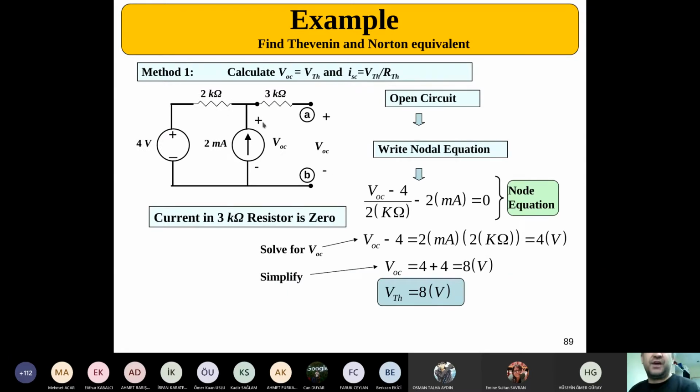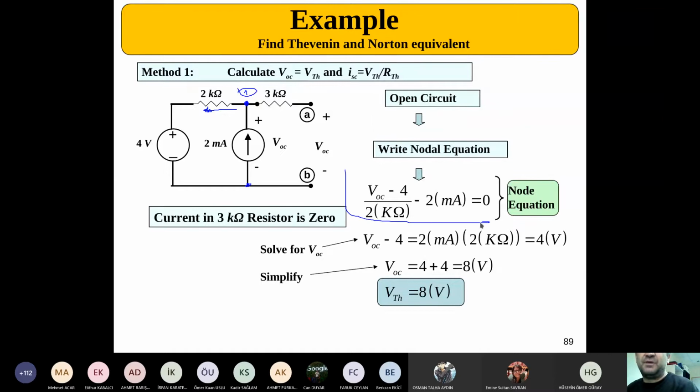If you do it this way, the node voltage here will be open circuit; nothing will change. Doing a simple node analysis on this circuit, let me put it as 1, will give us the open circuit voltage. That is, V open circuit minus 4 divided by 2 is the current passing through that, and that will be equal to the current coming to that node, which is 2 milliamps.